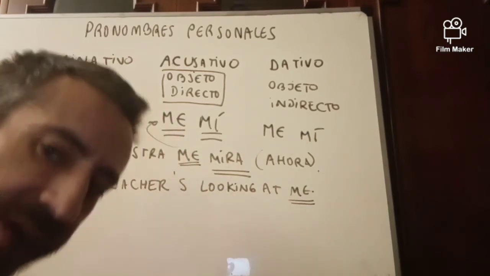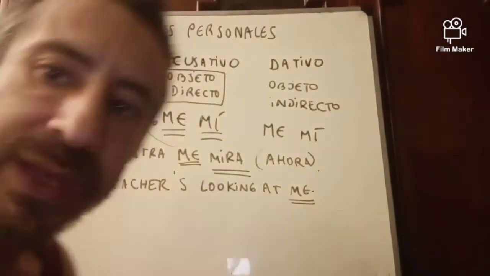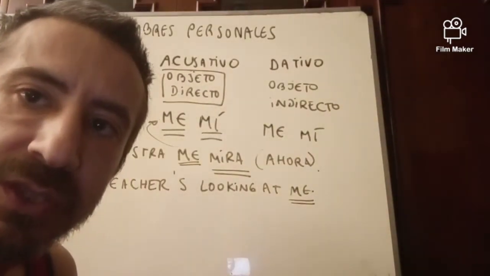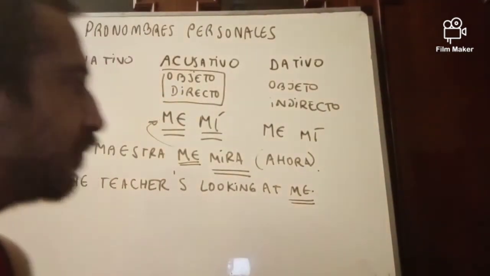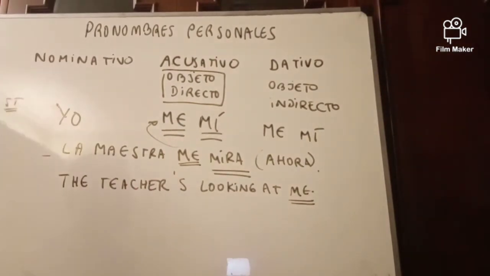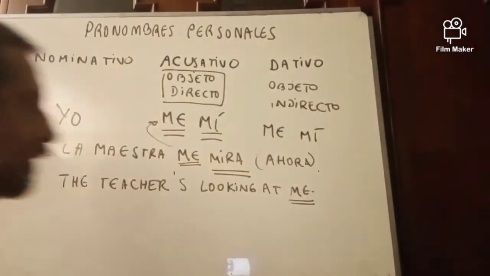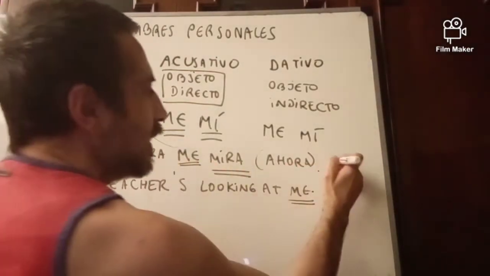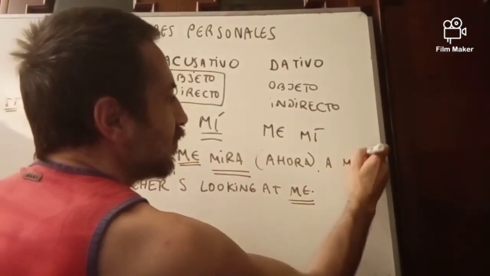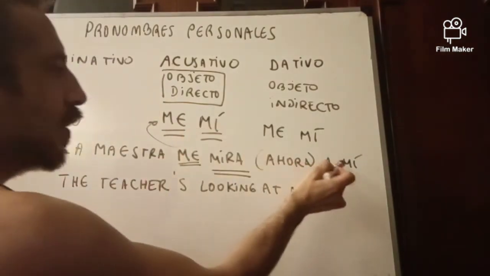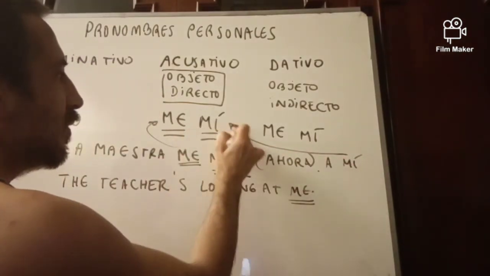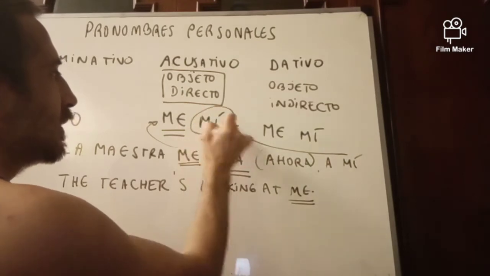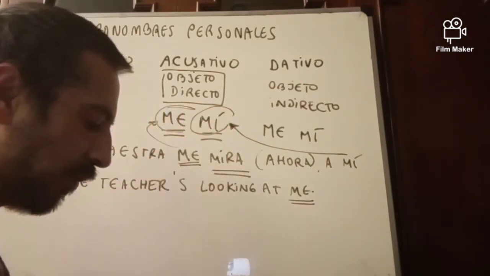It's very, very common in Spanish that we duplicate or double the object. La maestra me mira a mí. So here we have this form of the direct object. Both are common.